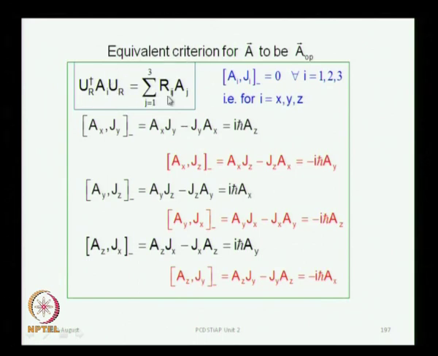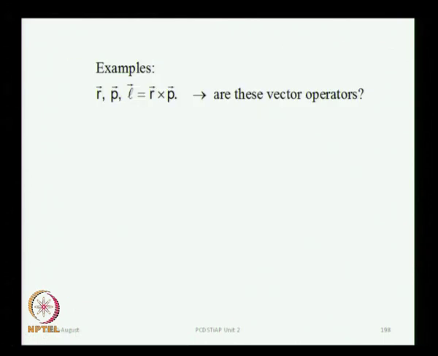And you get these two equivalent criteria. One is what is denoted in this inset box, which is the response to rotation. The second is in terms of commutation with respect to the angular momentum generators. Now, let us take some examples: the position vector, the momentum vector and the angular momentum vector. I take these examples and we ask the question, are these vector operators?